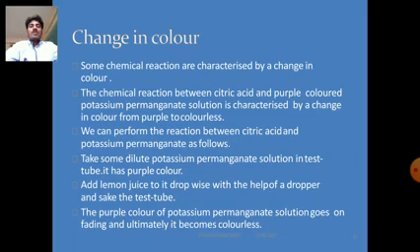Take some dilute potassium permanganate solution in a test tube. It has a purple color. Add lemon juice to it drop-wise with the help of a dropper and shake the test tube. The purple color of the potassium permanganate solution goes on fading and ultimately it becomes colorless.